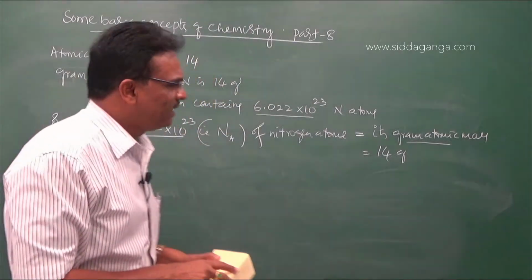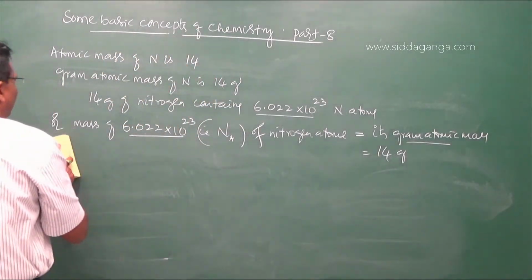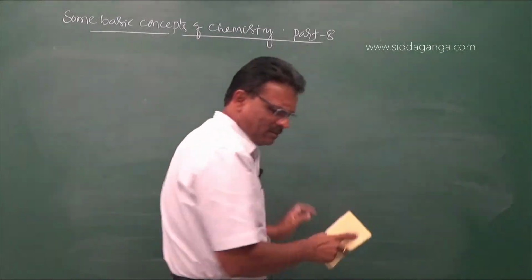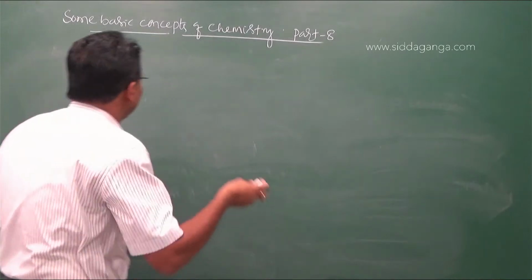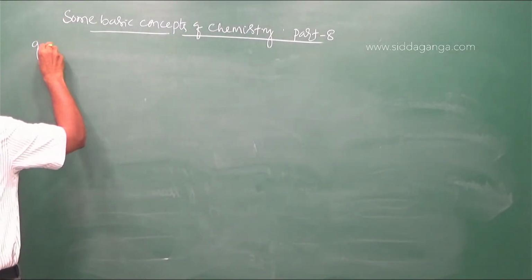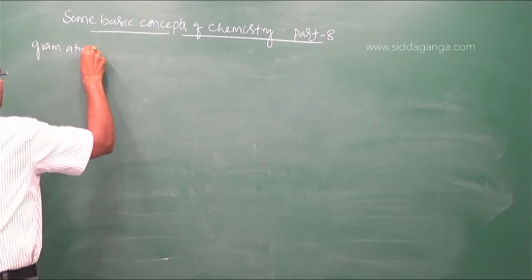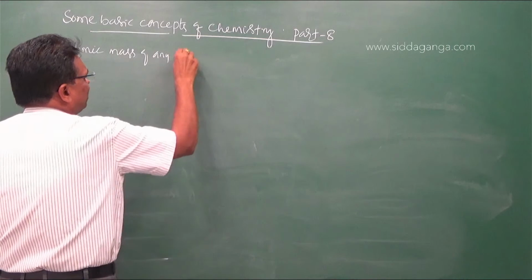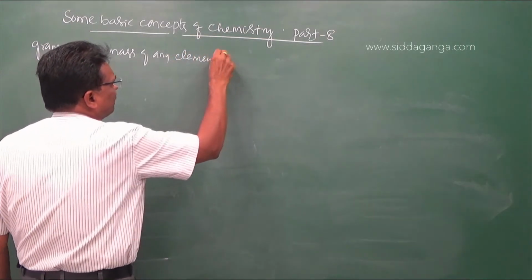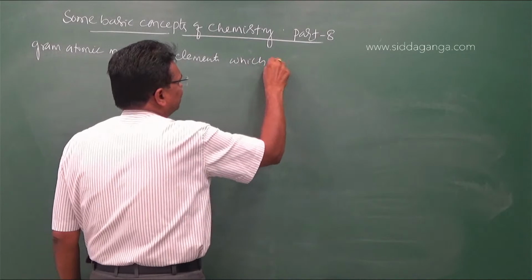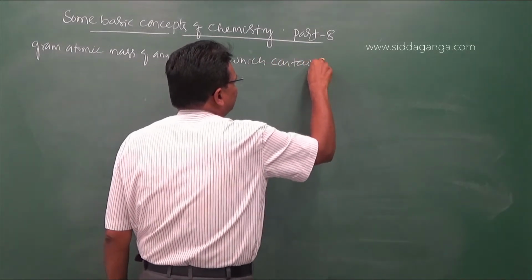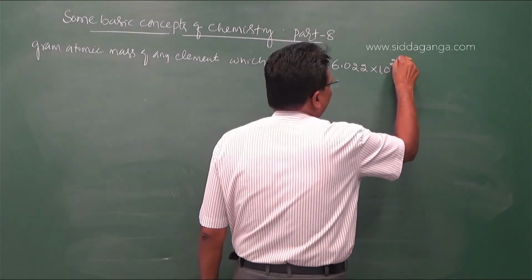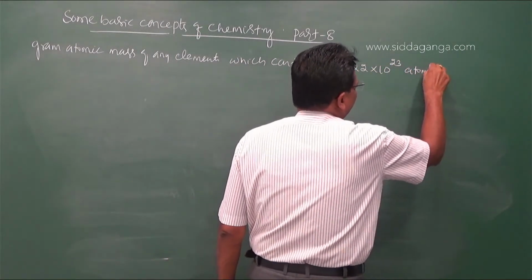Clear? Then similarly, the gram molecular mass of any substance. So the general statement is: gram atomic mass of any element contains 6.022 into 10 to the power of 23 atoms.